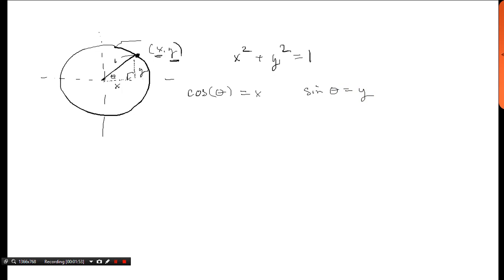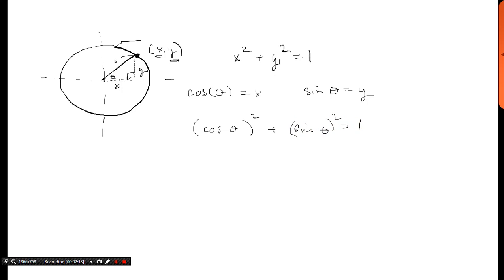So let's do some quick substitution here. We end up getting cosine of theta, because that's the x, plus sine of theta squared, that's the y, has to equal 1. This is actually the first Pythagorean identity, and this is why you always see sine squared plus cosine squared equals 1. It's because this is all based off the unit circle.